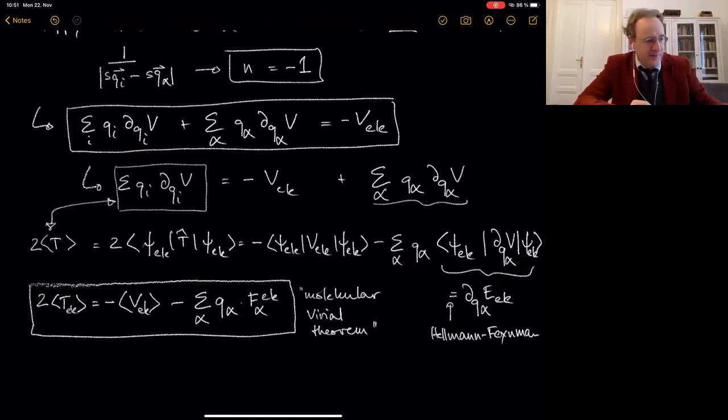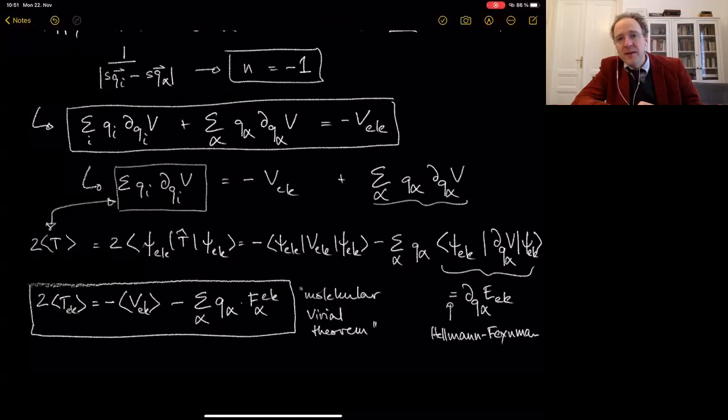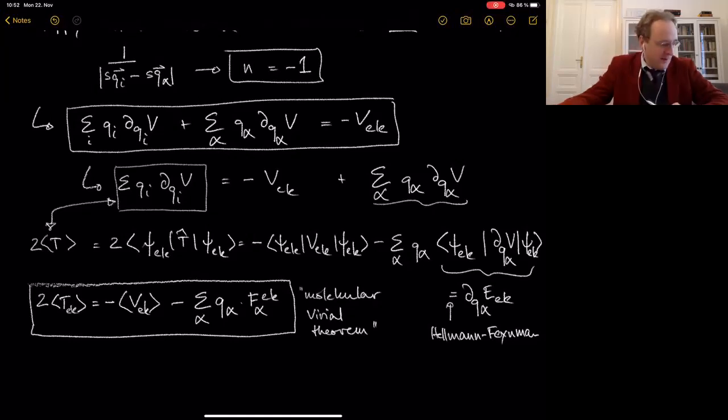But for your forces to be 0, that requires you to also ask what happens to the nuclear repulsion force. So we should ask this question now: which role the nuclear repulsion plays.